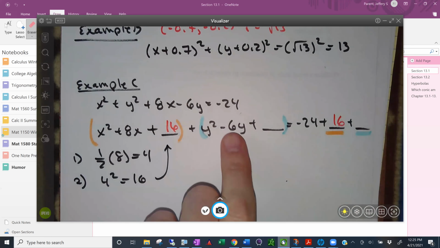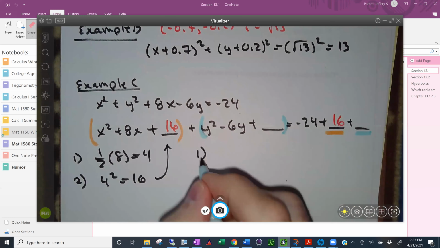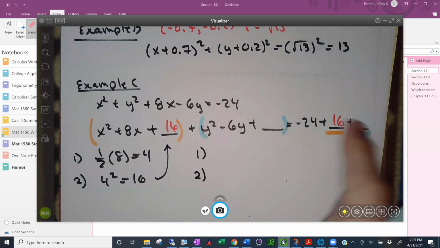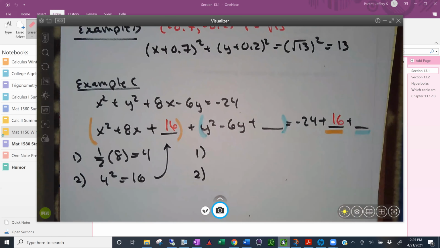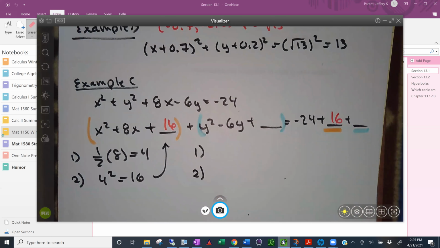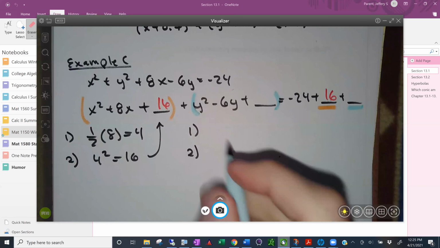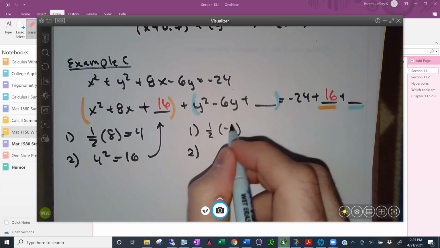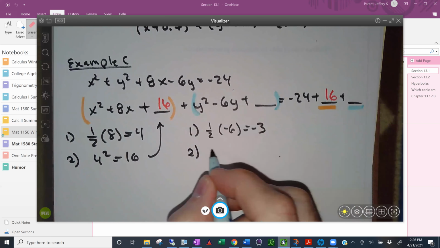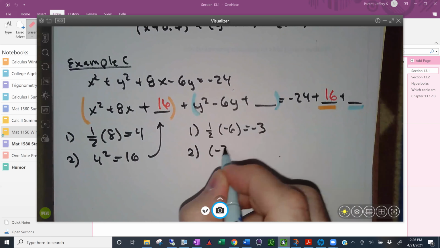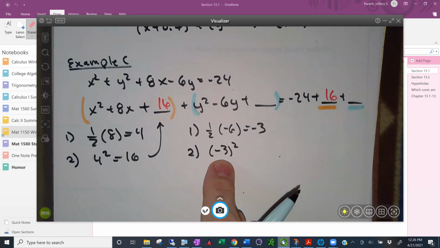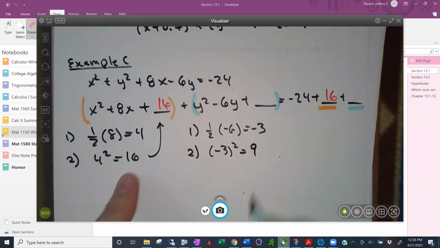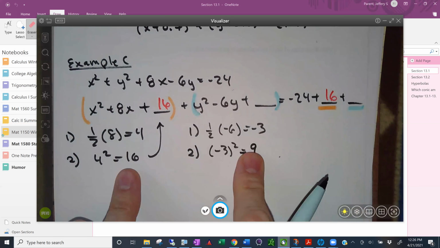How about here? See if you can complete the square on that. Tell me what I'm going to put here and here. You always start out by taking half of that middle number. Half of -6 is -3. Notice I put that -3 in parentheses because when I square it, I'll get a +9. You should always get a positive number in this step.